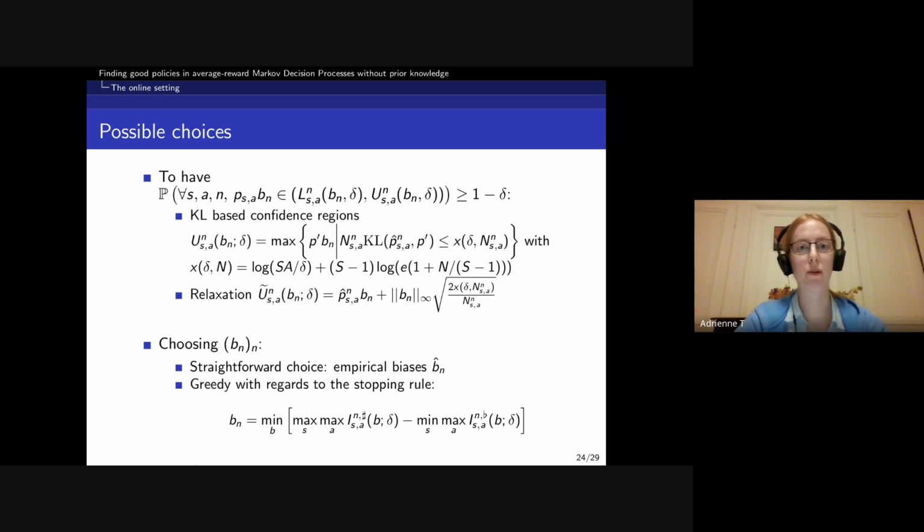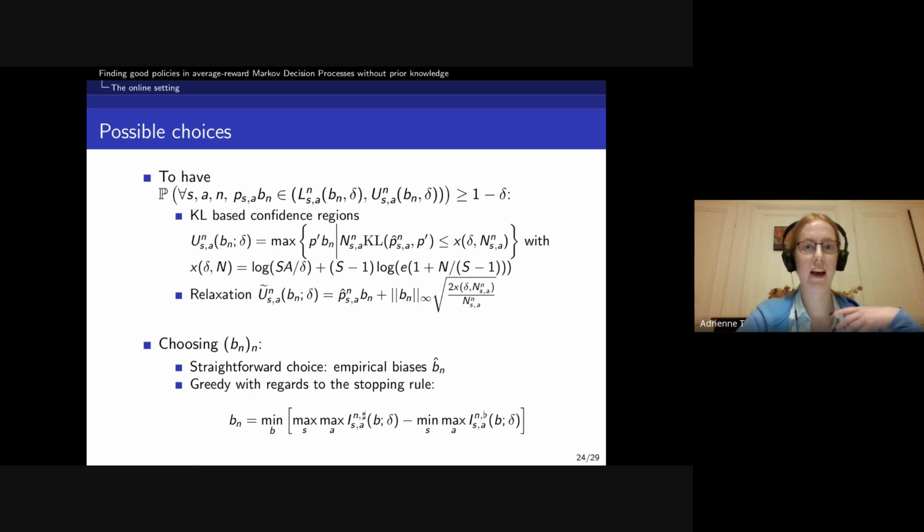For example, you can try to be greedy with regard to the stopping rule. You just try to see, is there a certain bias vector that would verify my stopping rule. And so there are a bunch of different choices, but those are possible. So this stopping rule is actually possible to implement.